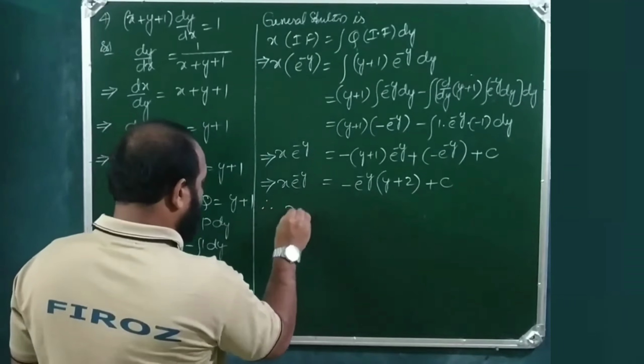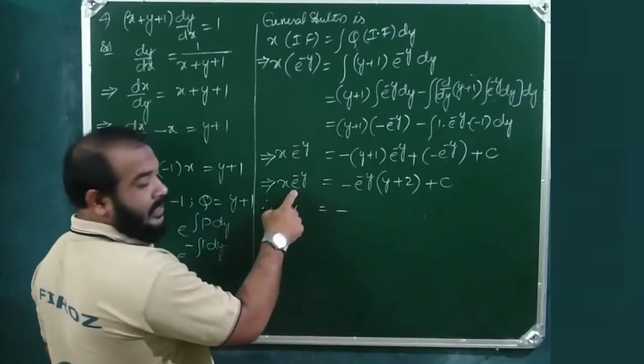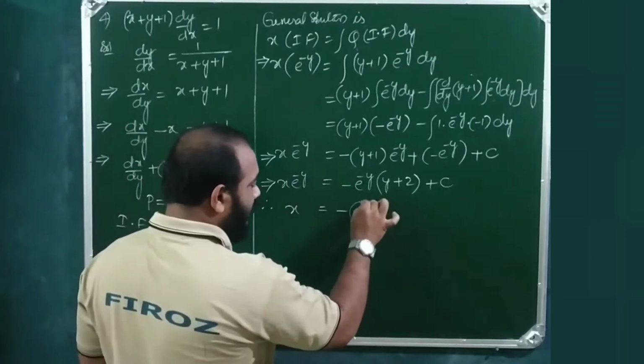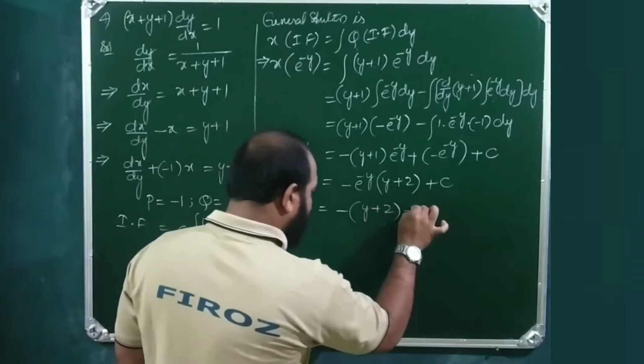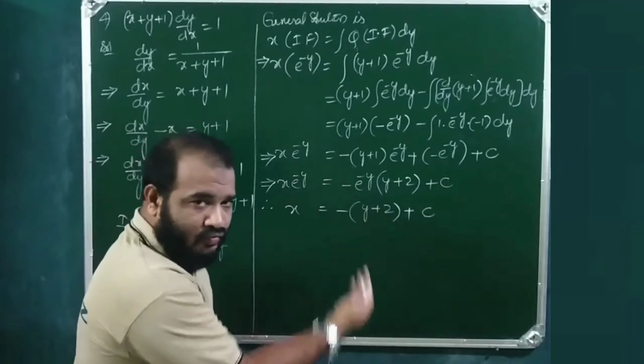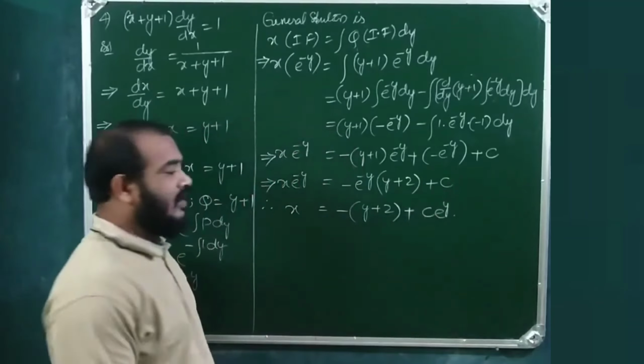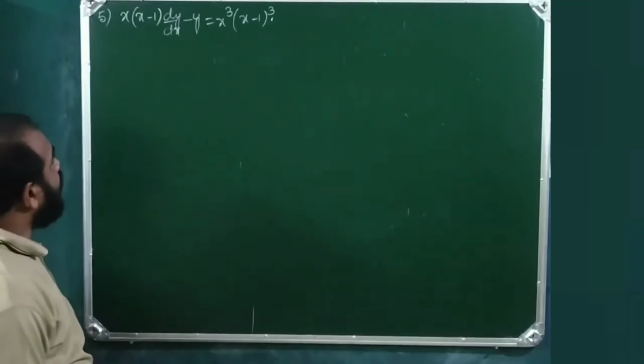Therefore x is equal to minus e power minus y by e power minus y, which gets cancelled, so y plus 2, plus c by e power minus y. 1 by e power minus y is e power y. This is the required solution.